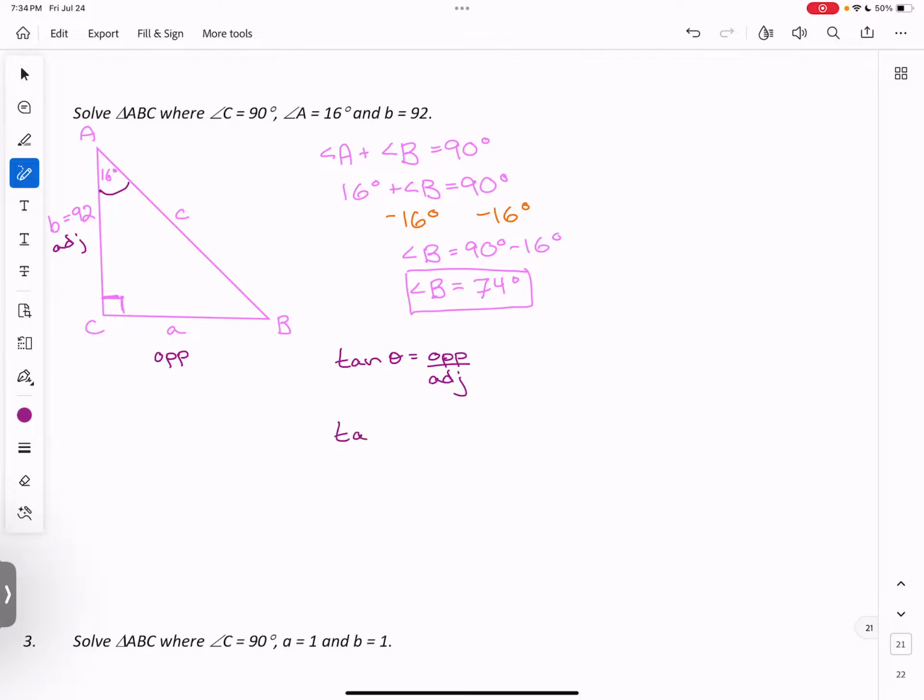So tan of 16 degrees is little a over 92. Let's multiply both sides by 92. And we can calculate that. So 92 times tan 16 gives us, to one decimal place, 26.4.